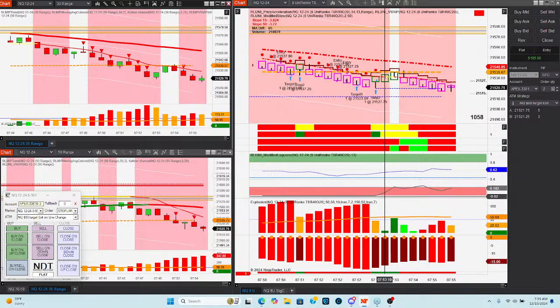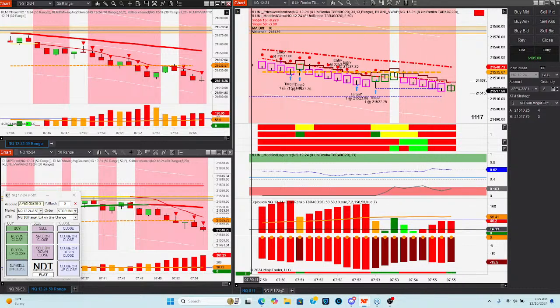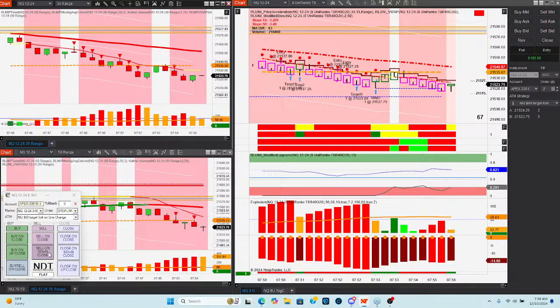Again, I have structure. See, this turned on me, went underneath.